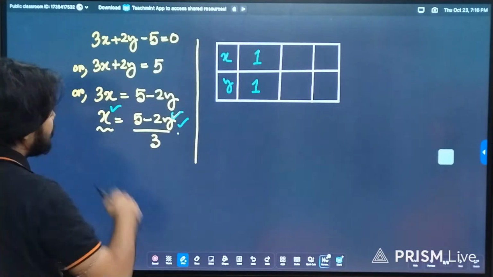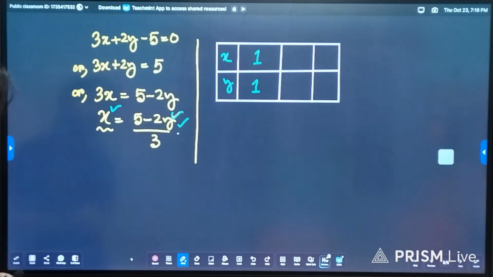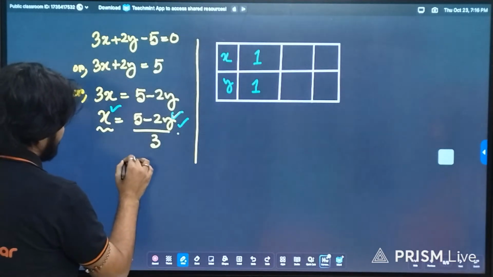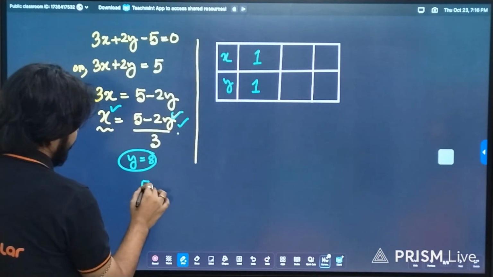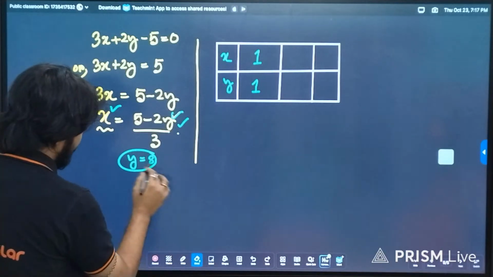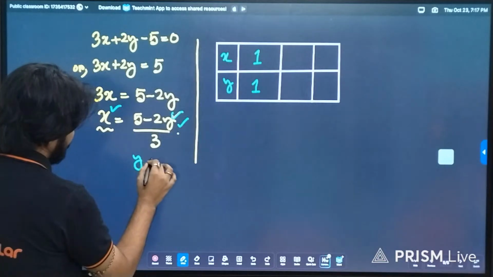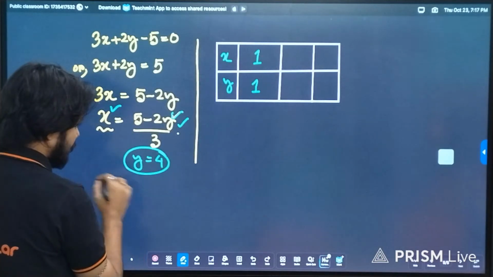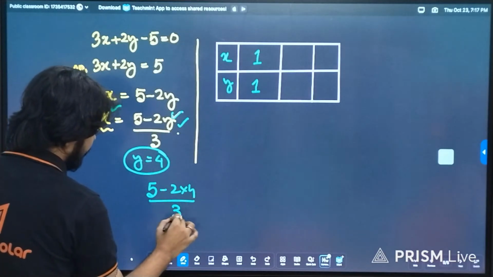Suppose we take y as 4. Then x is 5 minus 2 into 4 by 3.